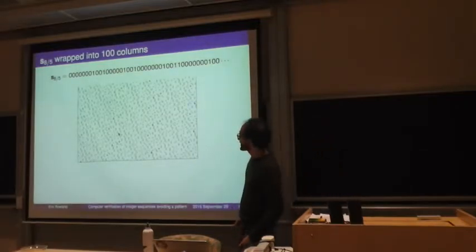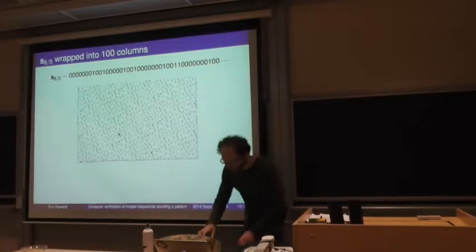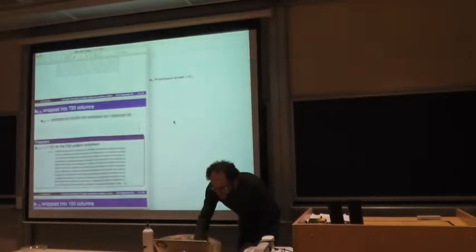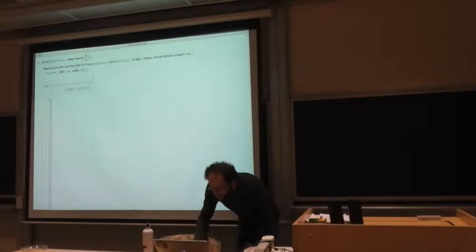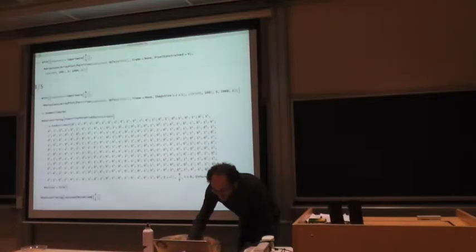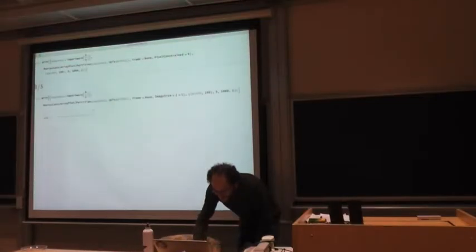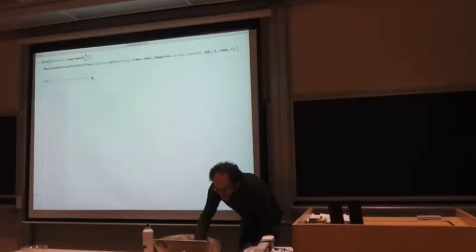So again, here's the sequence partitioned into rows of width 100. Maybe you didn't see the answer there. All right. So here's 100 again, and again you can sort of slide through. Let me make this bigger.